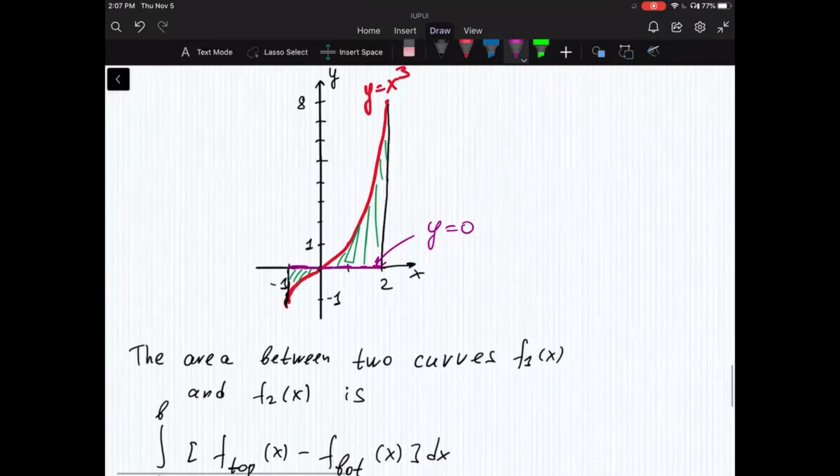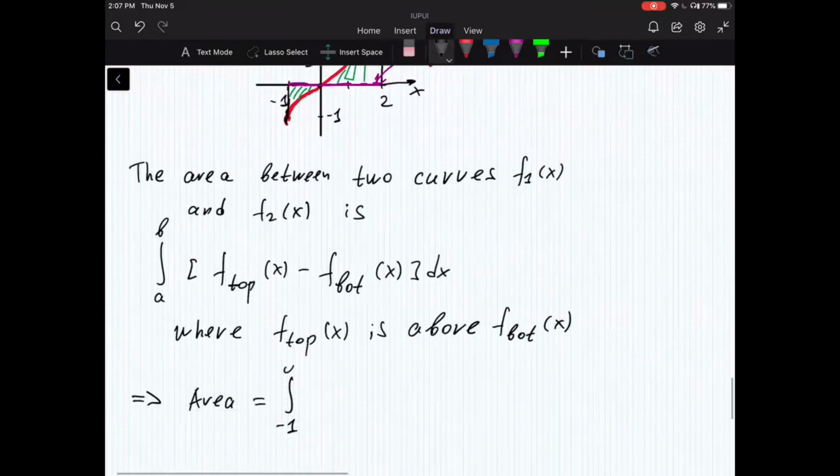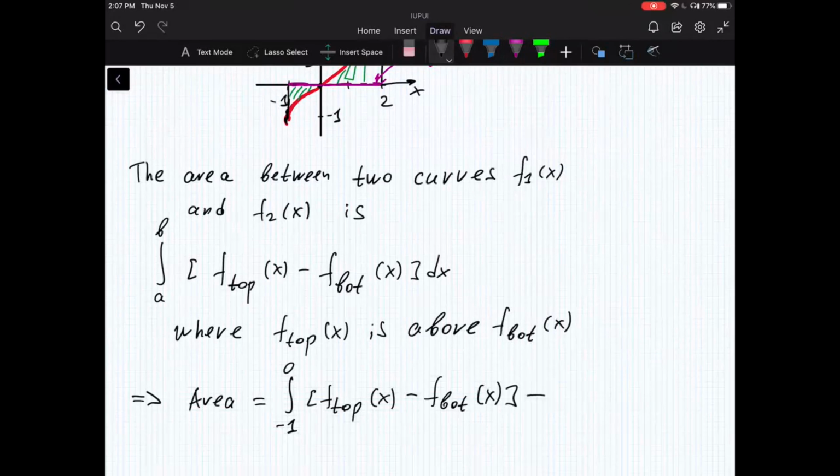So on the first part, my top one is y equals 0, and on the second part, my top is y equals x cubed. So the area that I'm interested in will be the integral from -1 to 0, again let me write it this way, of f top of x minus f bottom of x, plus the integral from 0 to 2 of the same f top of x minus f bottom of x.